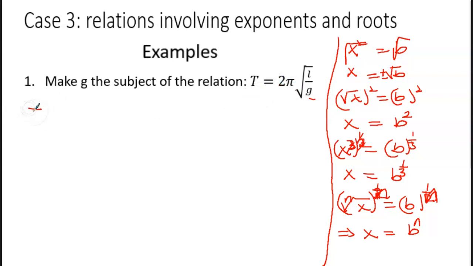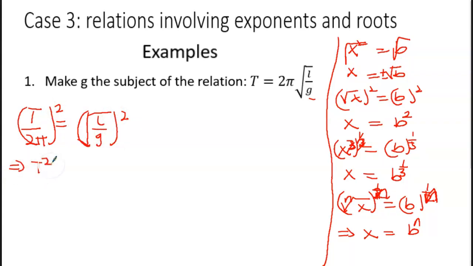So we have t over 2 pi equal to square root of L on g. Now we want to get rid of the square root, so we square both sides, so that we have t squared over, now the square will affect the number 2, so 2 squared will be 4 pi squared.